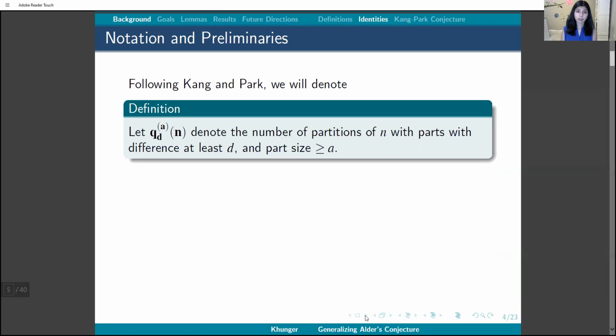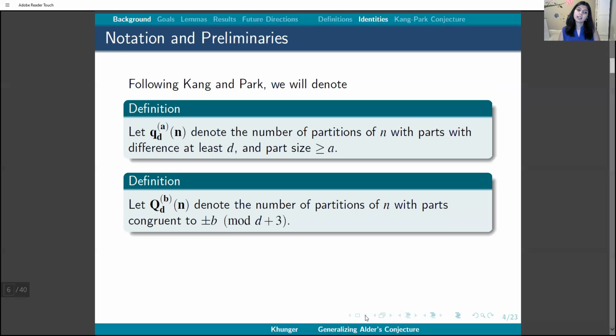An influential paper in our work was one by Kang and Park, where they introduced some important notation. We're going to denote little q sub d a of n to be the number of partitions of n such that the parts have gap between them at least d, and the size of each part is at least a. Next, we're going to denote big Q sub d b of n to be the number of partitions of n such that the parts come from the congruence classes plus or minus b mod d plus 3.